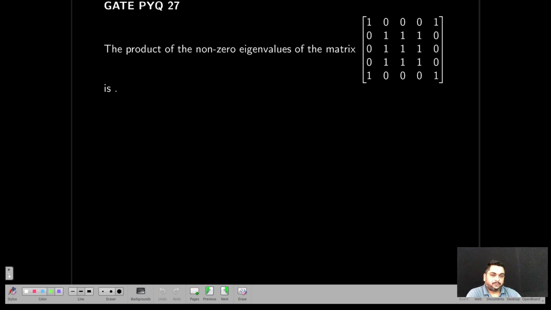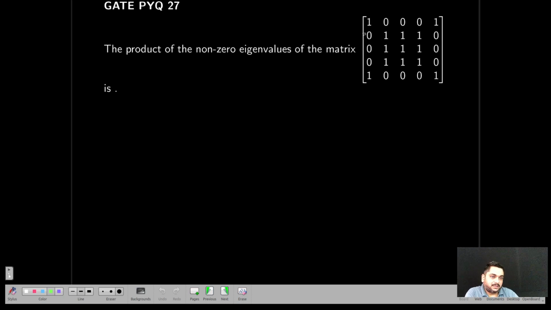The product of the non-zero eigenvalues of the matrix. So the very big matrix is given. They are asking you to find the product of non-zero eigenvalues of the matrix. For such things, you first try to find the rank of the matrix.